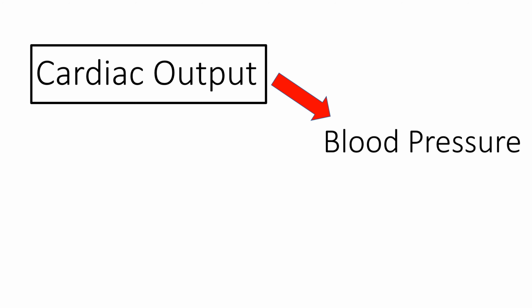Blood pressure is created by and dependent on two variables. Firstly, the cardiac output. The heart has to be pumping out blood for there to be a blood pressure. The more blood pumped out, the greater the chance of generating a pressure. And so, blood pressure is directly related to or dependent on cardiac output. Number 2, resistance.